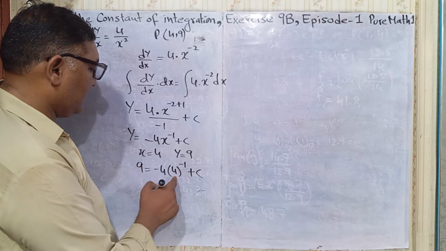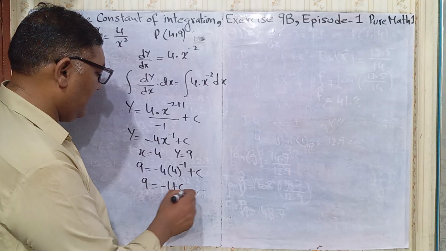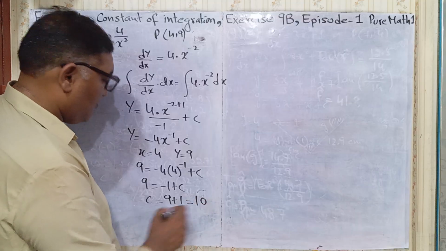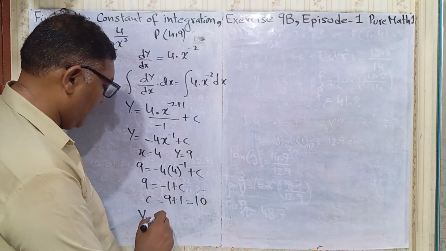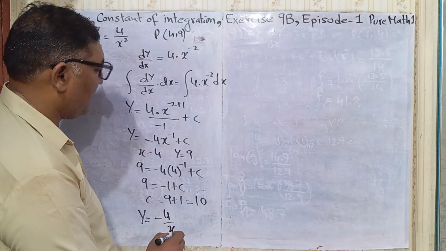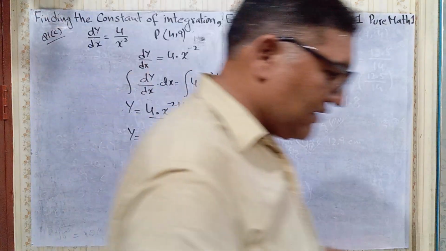Okay, so this and this is cancelled, so 9 is equals to minus 1 plus c. So c will be equals to 9 plus 1, that is 10. So my equation will become y is equals to minus 4 divided by x plus c, that's plus 10. So I think this is the answer.